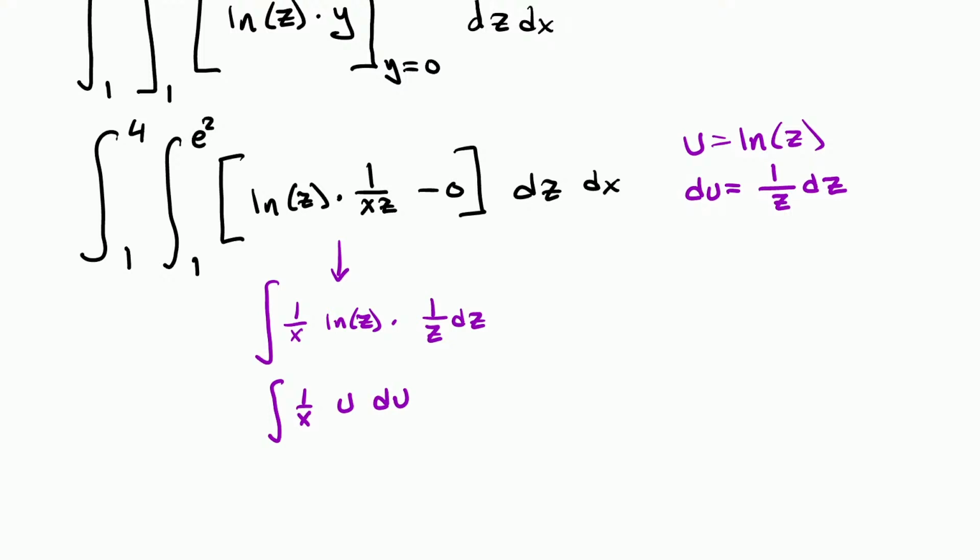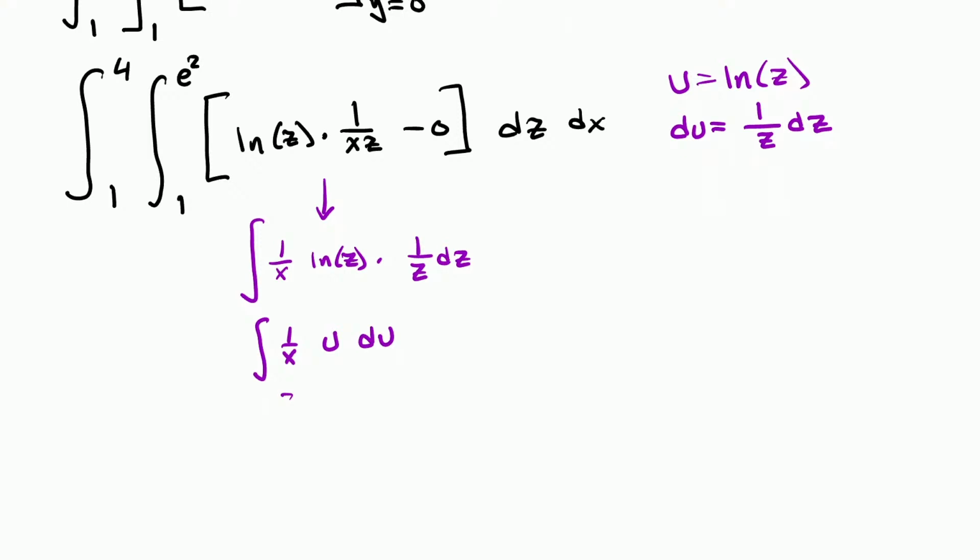So the natural log of z becomes u. 1 over z dz is du. It just gives so much joy when things work out nicely like this. They don't always. Matthew, what's the antiderivative of u with respect to u? No, u.